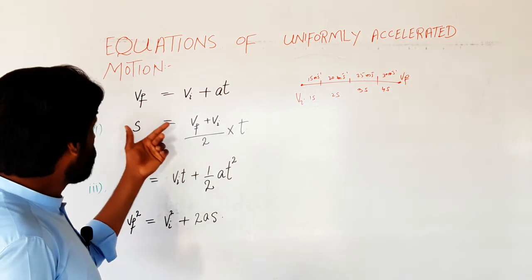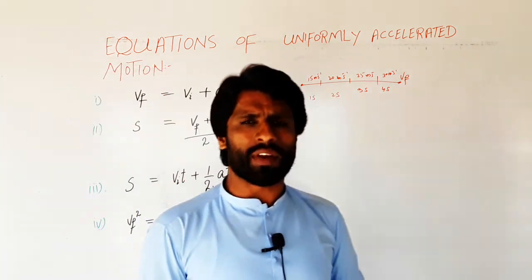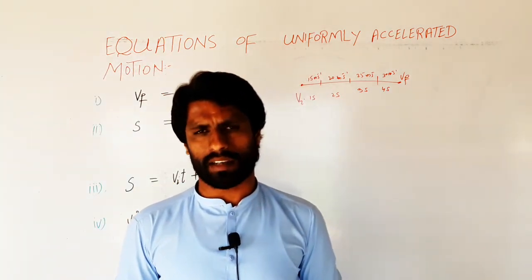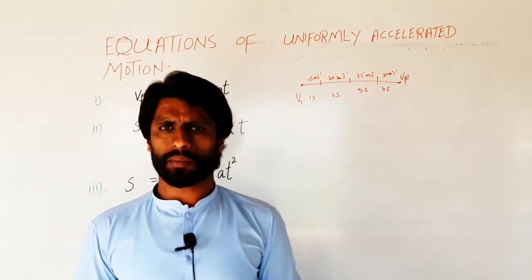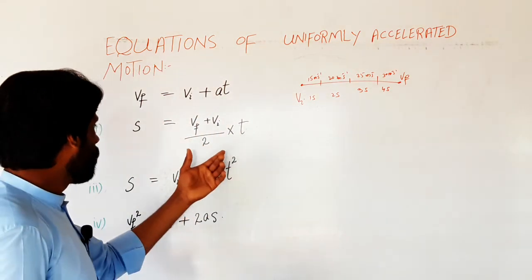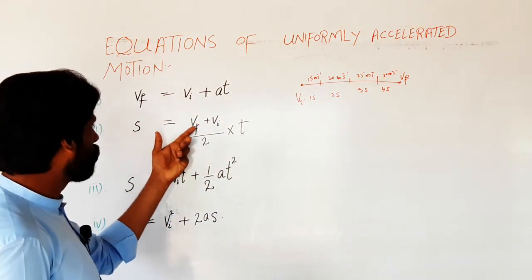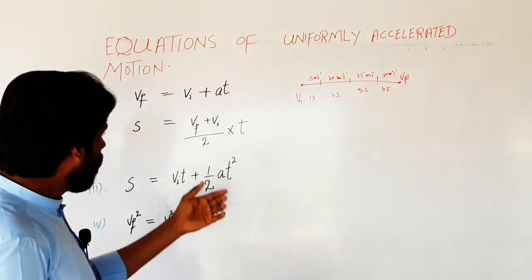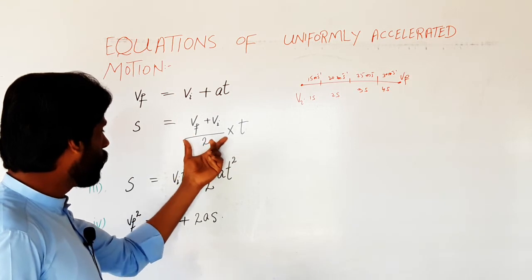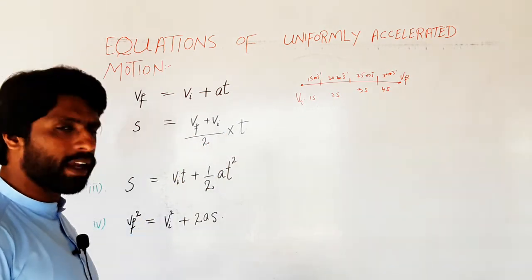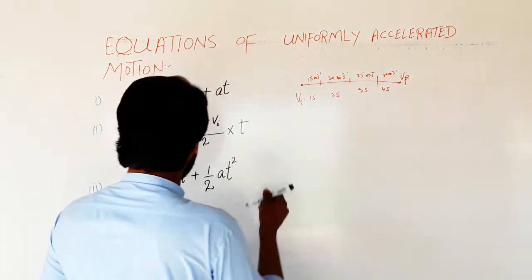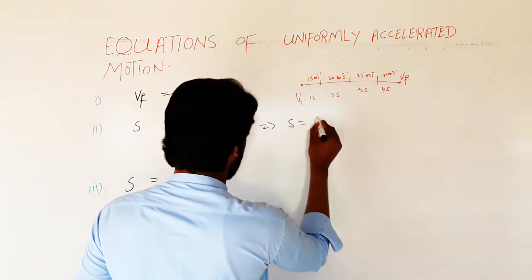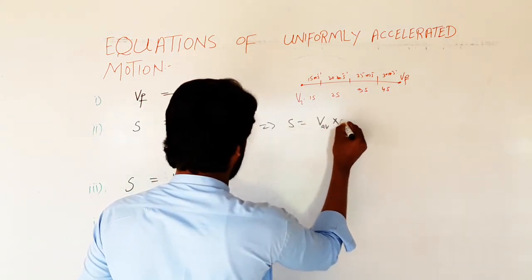When we find out the distance covered by an object with different velocities and time, we use this equation, S is equal to Vf plus Vi over 2 multiplied by t. And Vf plus Vi over 2 means the average velocity. In other words, we write this equation, S is equal to V average multiplied by time.